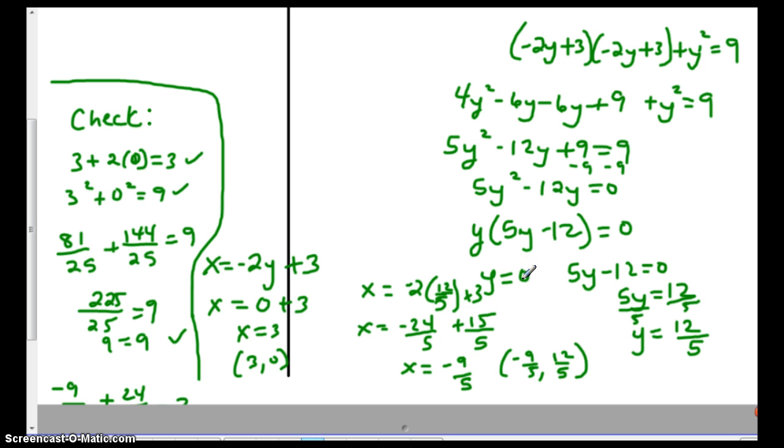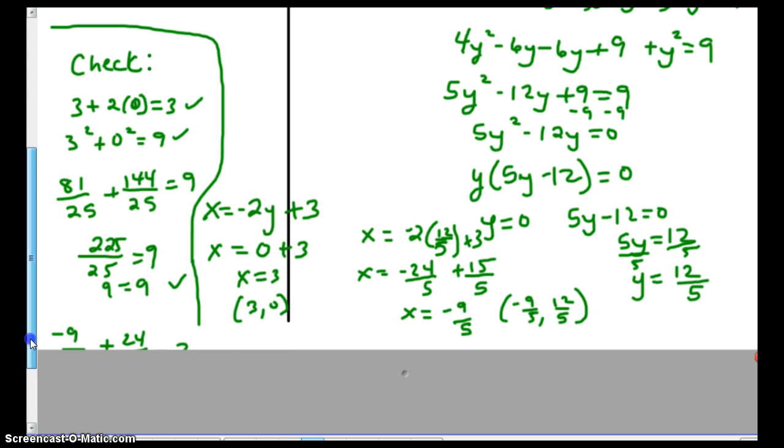So solving for x when y is 0, you get x is 3. So the solution for this one would be (3, 0). When you substitute 12/5 into the equation to get x, you end up with negative 9/5. So we have two points here, (3, 0) and (-9/5, 12/5), as your points of intersection.